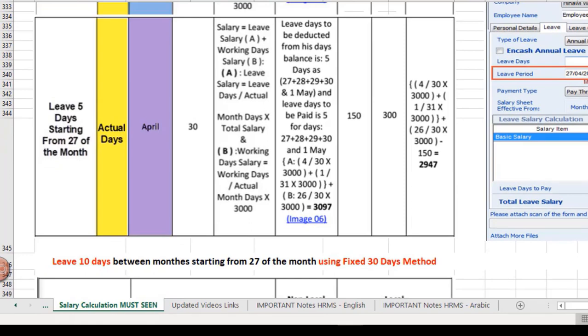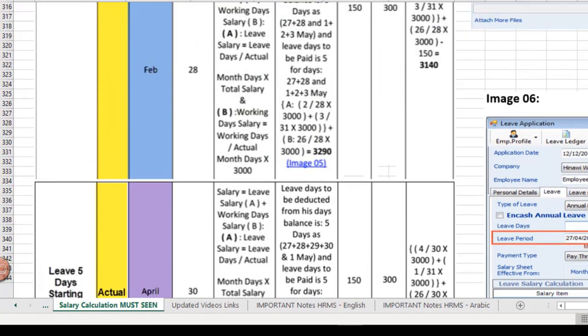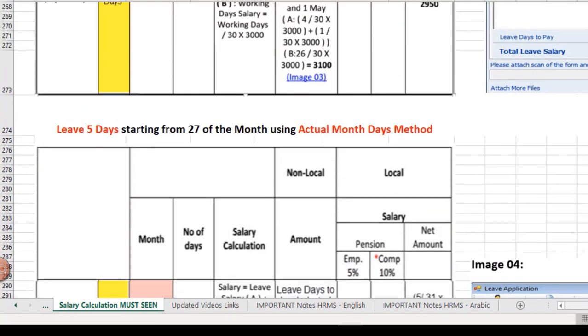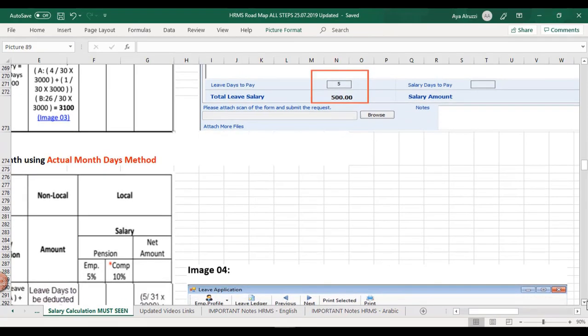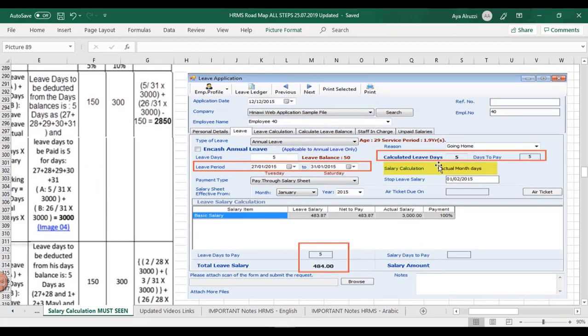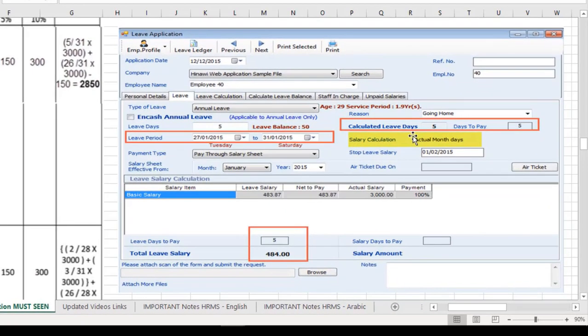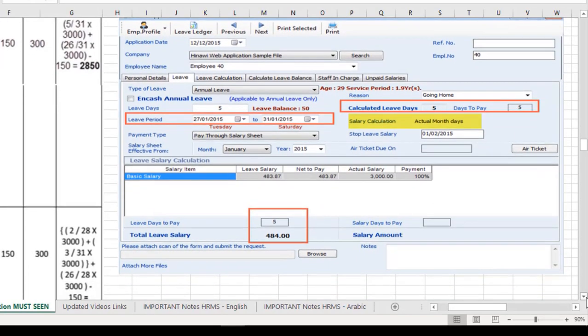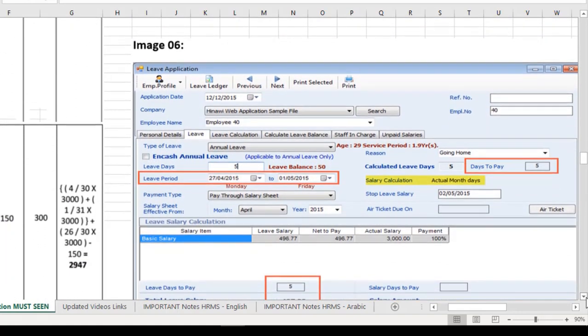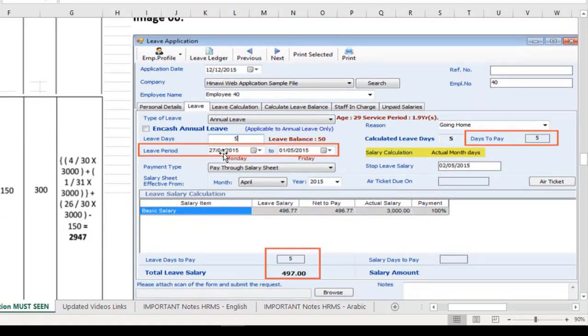We will see now a screenshot on the right side, which will further clarify this. So as we can see here in image 4, the calculated days for January as actual month days are 5. And the days to be paid are also 5, as we have seen. And in February, here, as we can see in April, there were 5 days calculated as leave and also 5 days to be paid, since it's April.